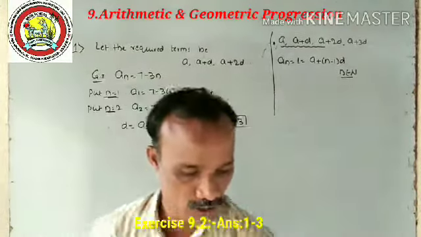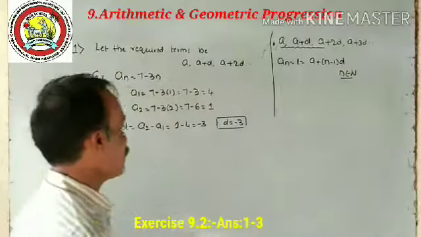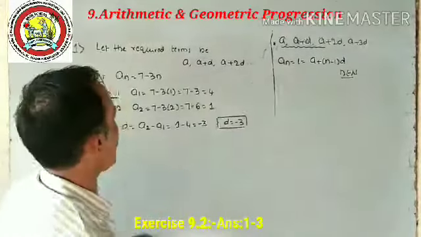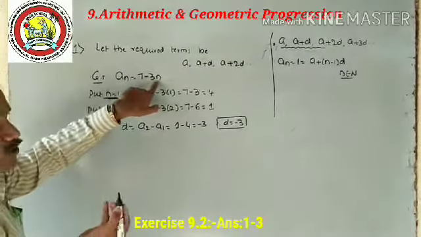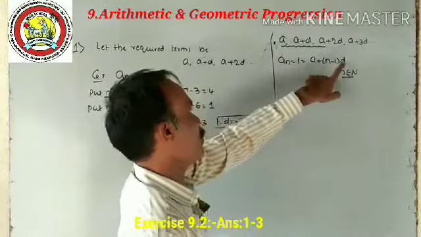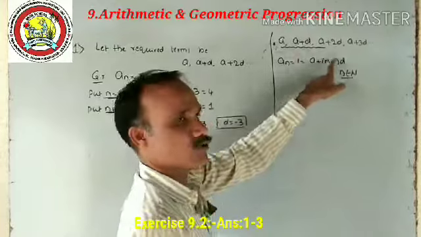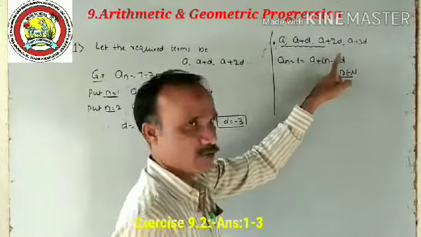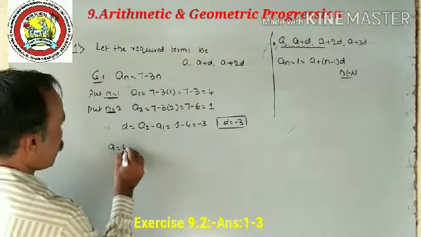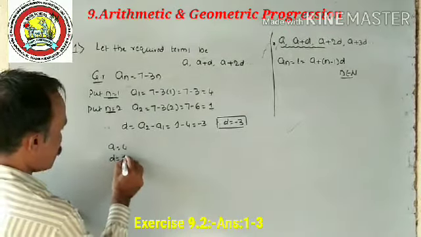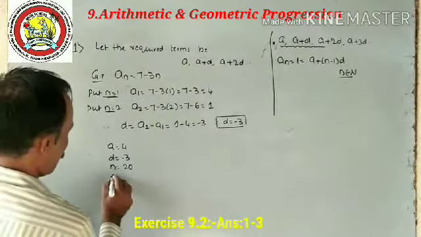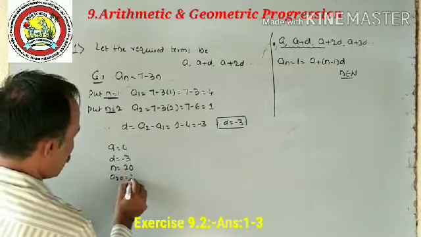Now the question is to find the 20th term. Replace the values of a, d and n in the nth term formula. So a is equal to 4, d is equal to minus 3, and we should find a20.